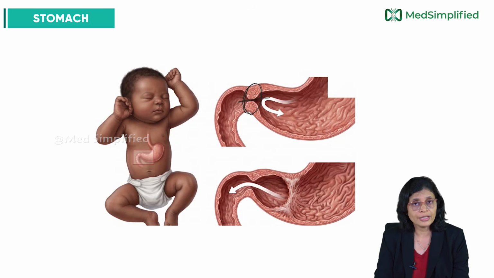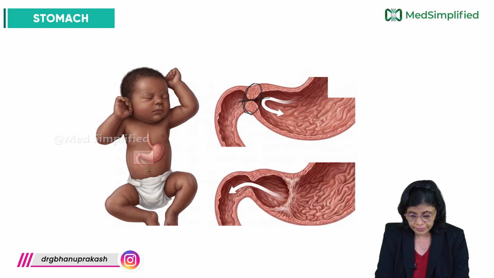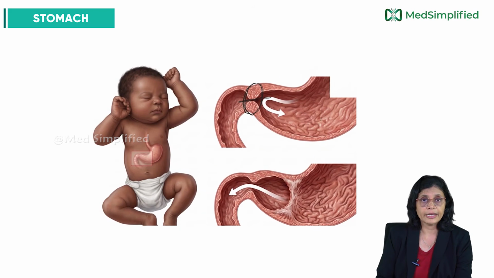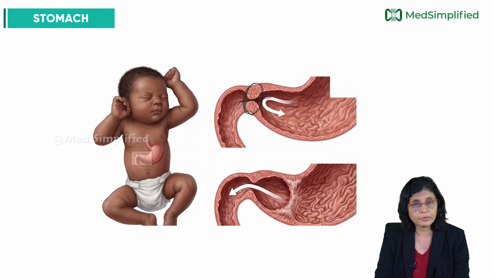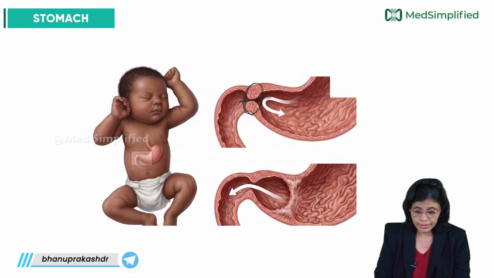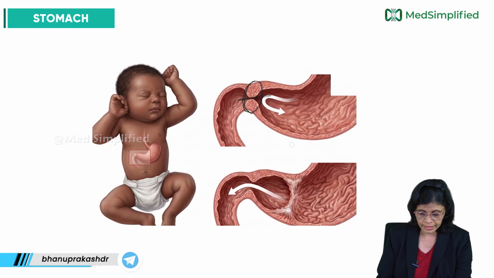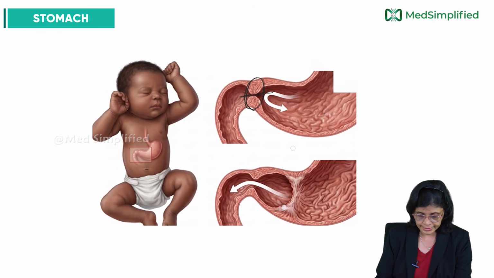In the postnatal life, the newborn usually presents with vomiting, usually about 10 to 15 days or within a month after birth. This is relieved by a surgery called Ramstedt's operation, where the hypertrophied circular muscles are released by making an incision along the circular layer of muscles, and the obstruction is released.